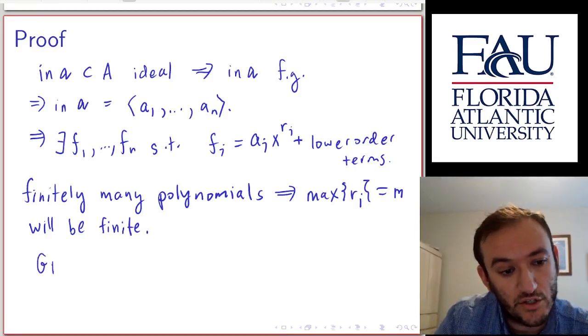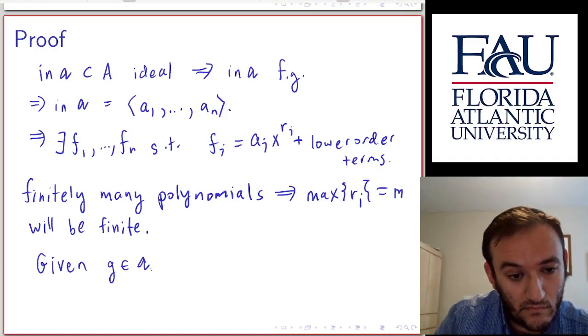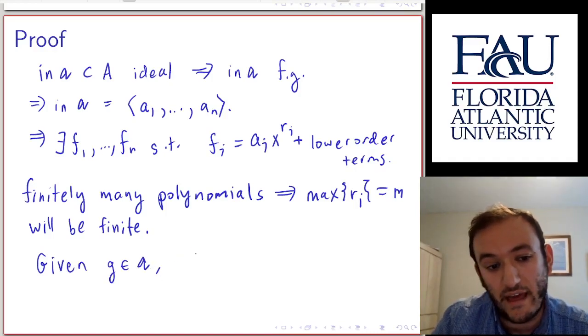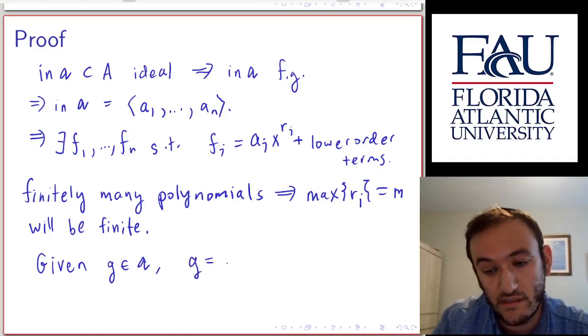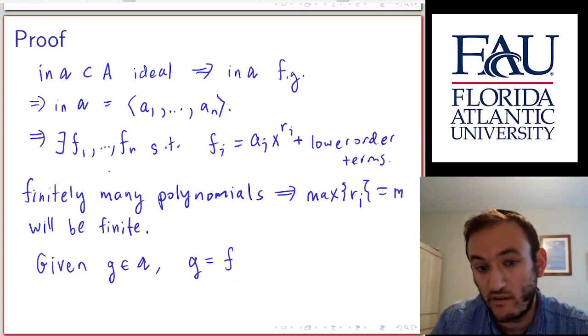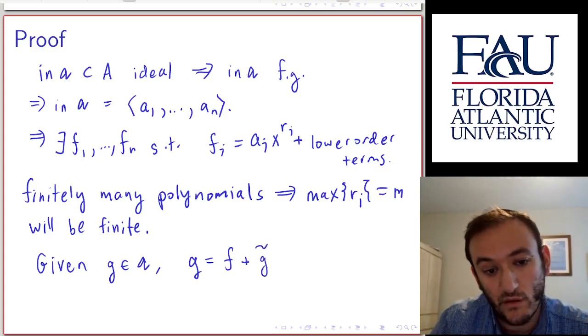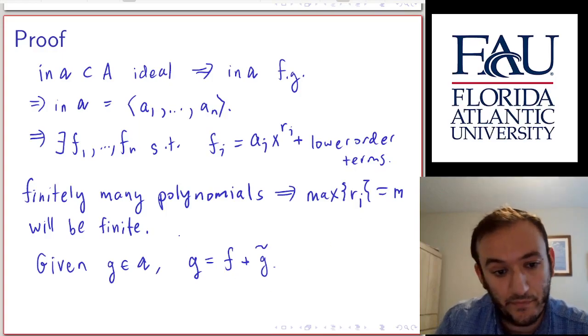Now, given g in the ideal, I'm going to make the claim that g is equal to some polynomial f, which is generated by the fi's, and some polynomial g tilde, which has degree less than m.